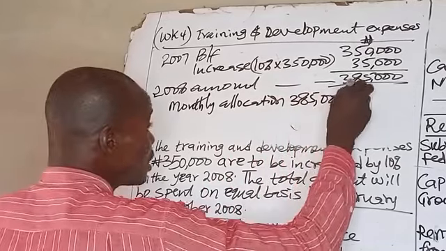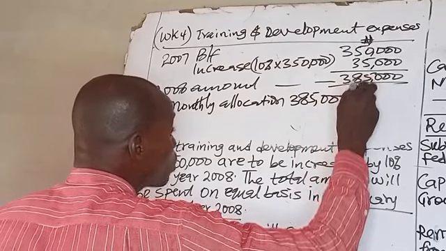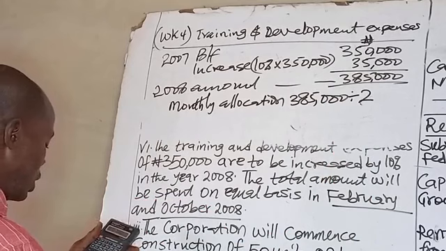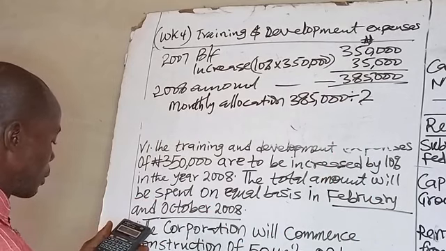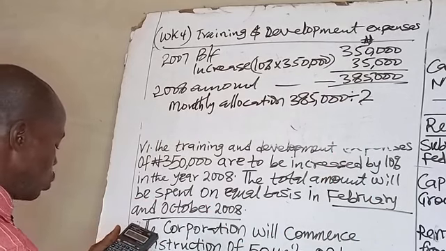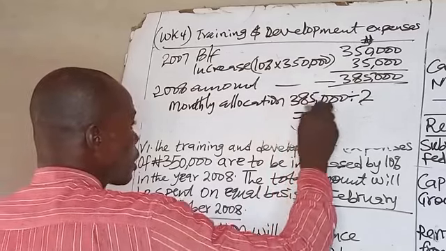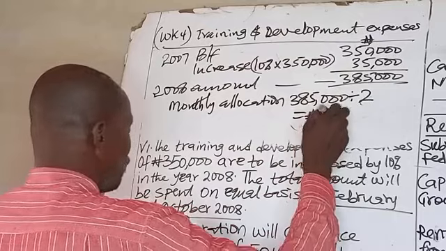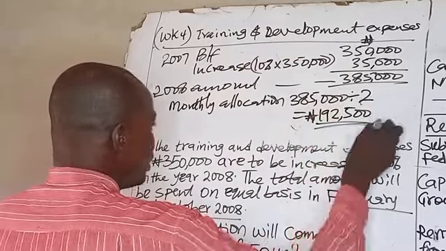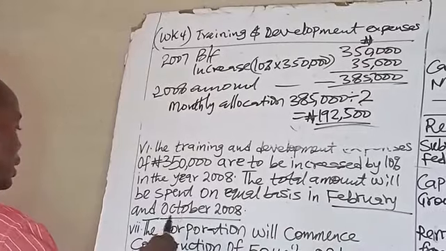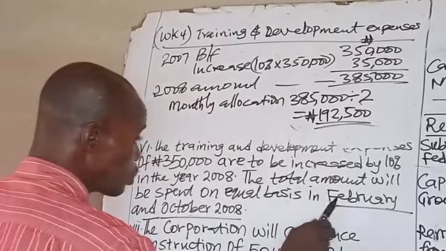But since it is going to be accrued in 2 months only, we divide it by 2. 385,000 divided by 2 gives 192,500. The amount for February will be 192,500, while for October 2008 we also have 192,500.